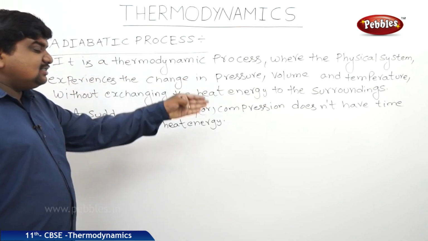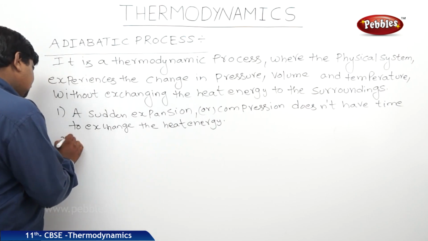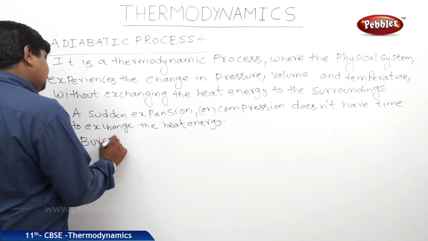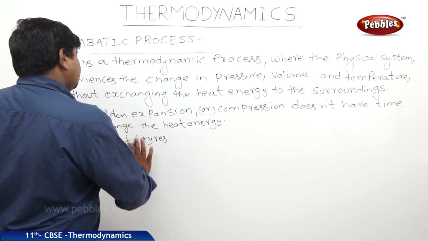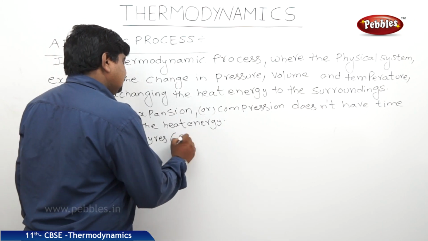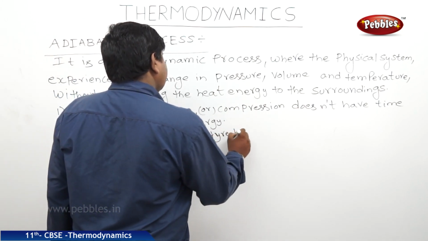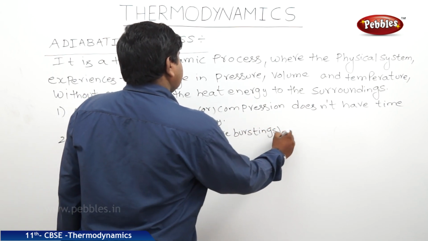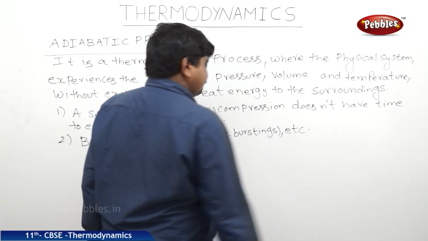This sudden expansion or sudden compression results in the bursting of the tires, like cycle tire bursting. These are the examples for the adiabatic process.